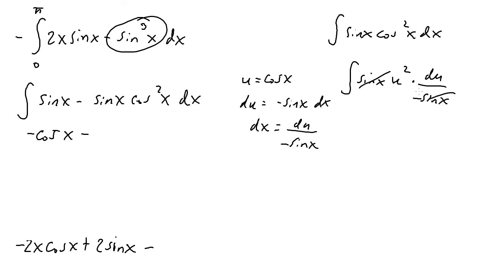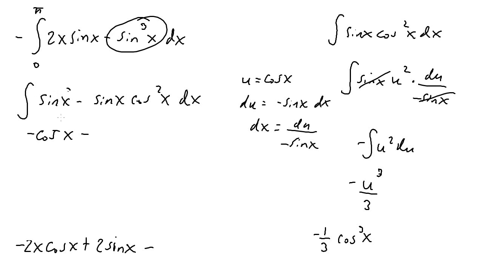So then sine x's will cancel. Negative is just a constant, it can come outside the integral. So we have negative integral of u squared du. Integral of u squared is u cubed over 3. So I can go ahead and substitute back in the u, which was cosine x. So the integral of sine of x times cosine squared x is going to be negative 1 over 3 cosine cubed of x.